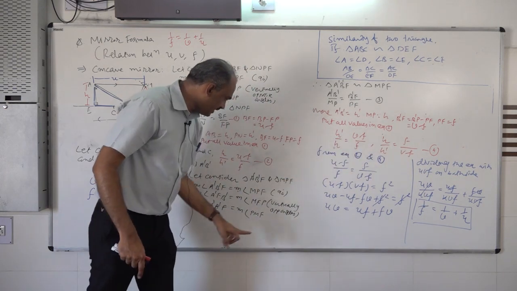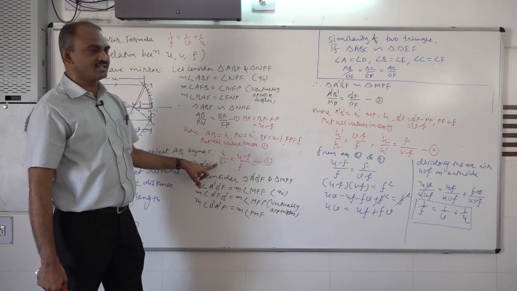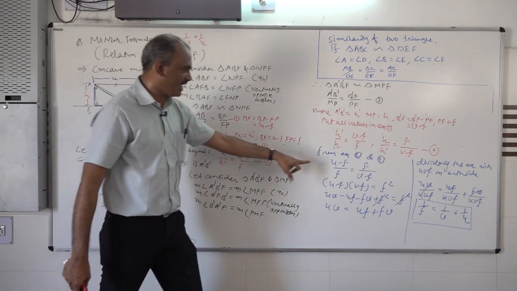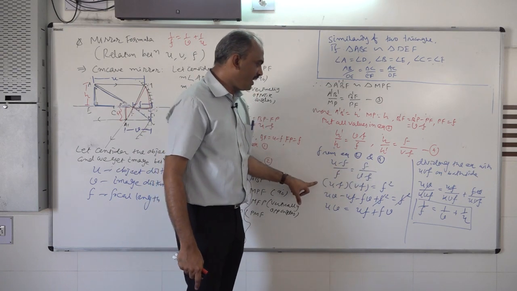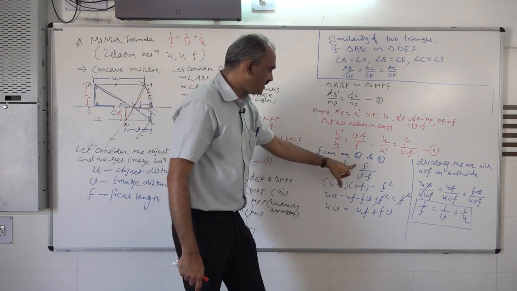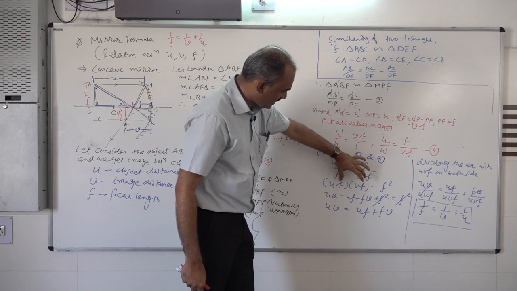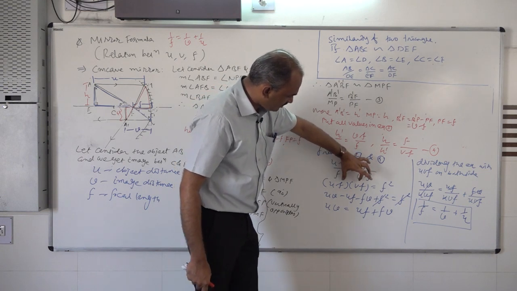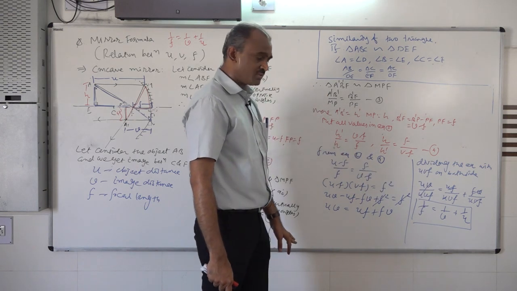Now we compare equation 2 and 4. In both cases h upon h dash are equal, so we can write v minus f upon f equal to f upon v minus f. By cross multiplication we get (v minus f) into (u minus f) is equal to f square. Now solve the equation: uv minus uf minus fv plus f square is equal to f square.